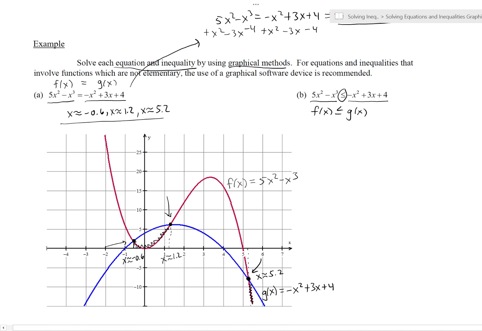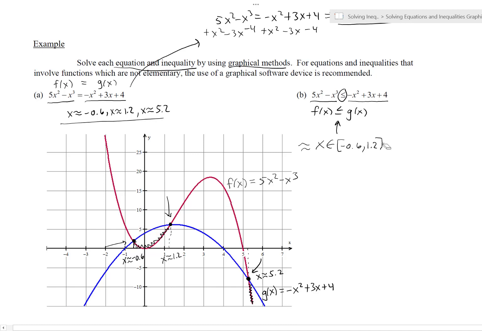So you say, for which values is this function f below g of x and also equal to g of x, the inequality being less than or equal to. That's going to occur for values of x between negative 0.6, at least approximately, and everything all the way up to and including approximately 1.2.